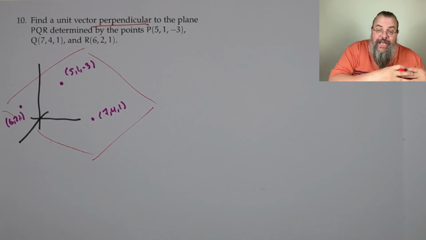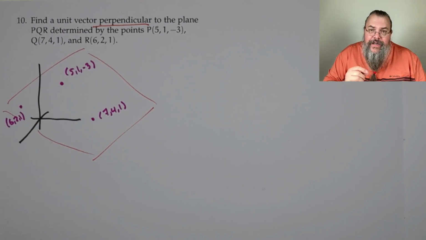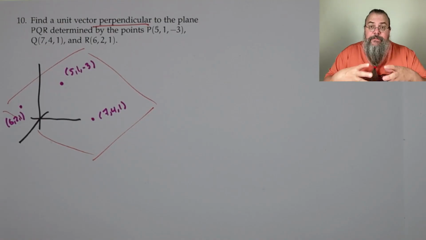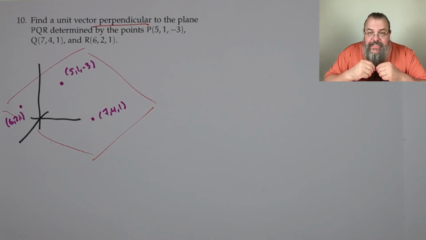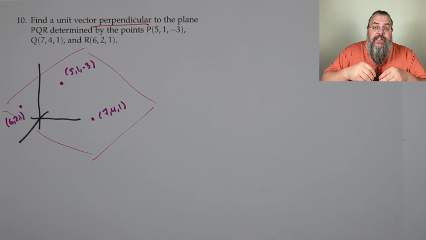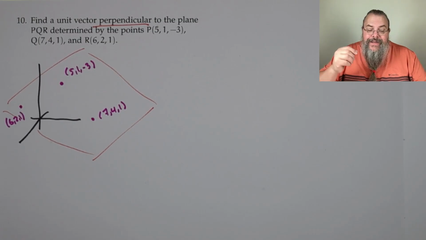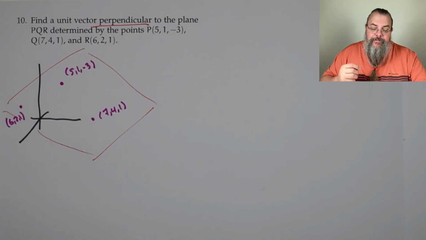Cross product makes perpendicular. And we say, well, okay, we could make a cross product if we could find things that were in the plane. So if I find things in the plane and take the cross product, then it has to be perpendicular to those things, so it must be perpendicular to the plane. And that's the key idea.